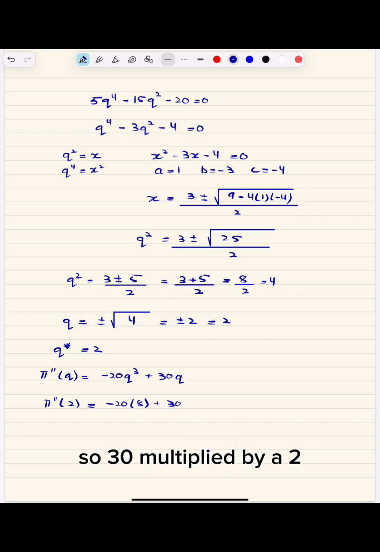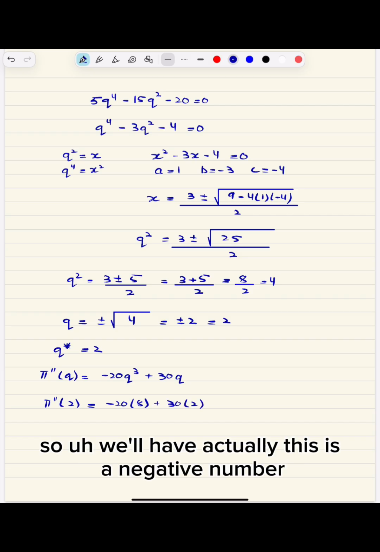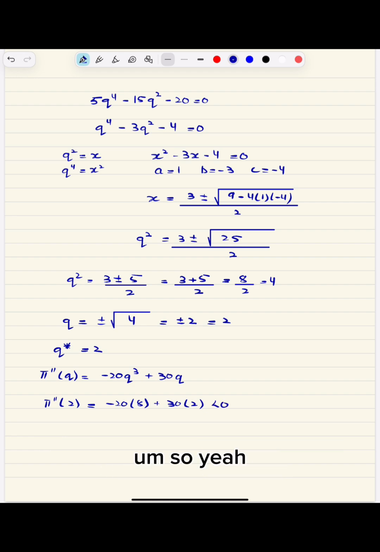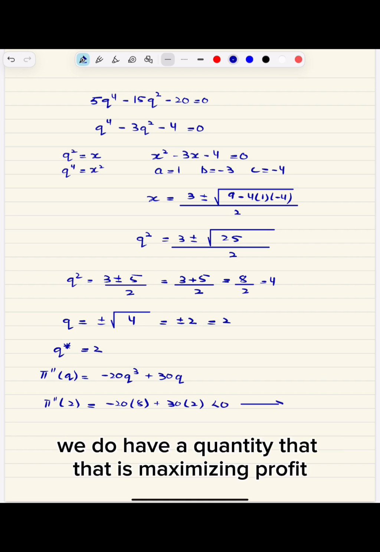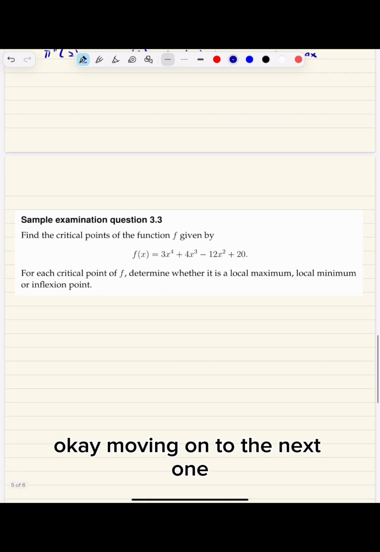So 30 multiplied by 2. Actually this is a negative number. So yeah, we do have a quantity that is maximizing profit. Okay, moving on to the next one.